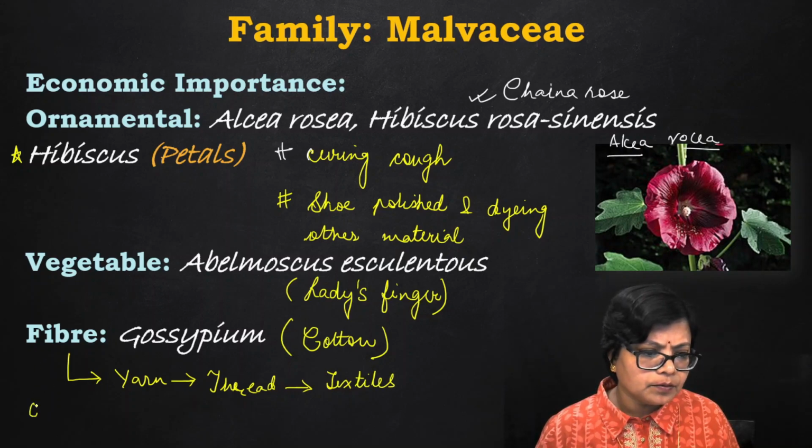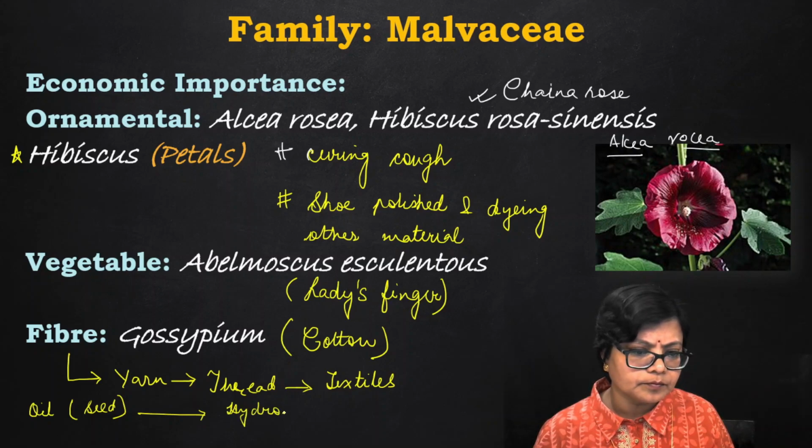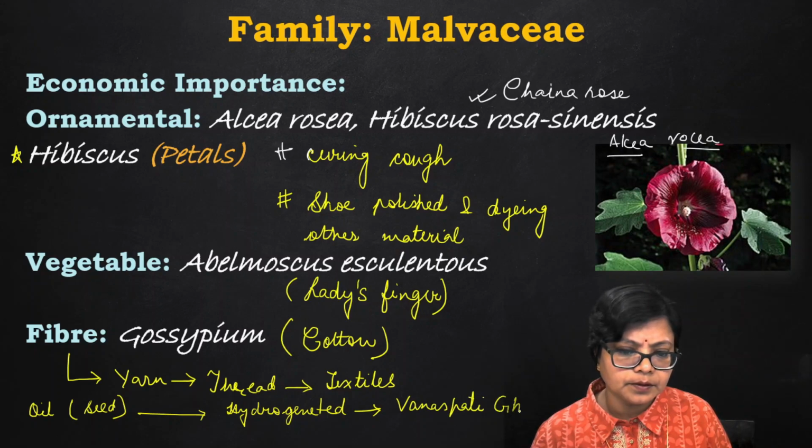Oil is also obtained from the seed of Gossypium, the cotton plant, which is hydrogenated to produce vanaspati ghee.